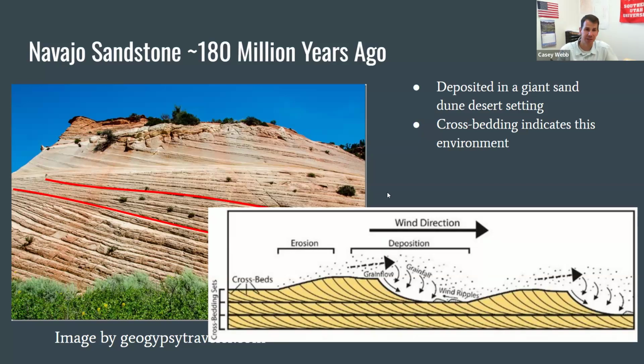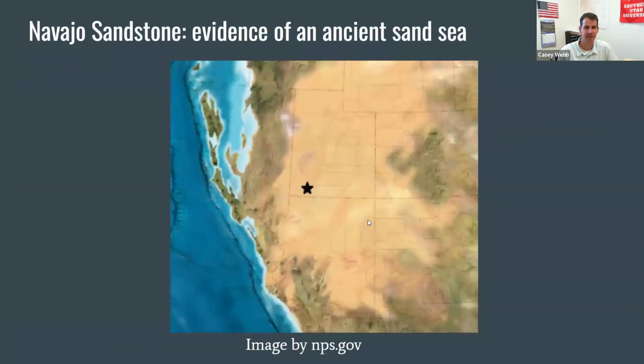If we were to get in our time machines and fly above the Utah region, this is what it would look like. There's Zion, where that star is. We would see a vast desert of sand that covered the entire state of Utah and also some surrounding areas as well.